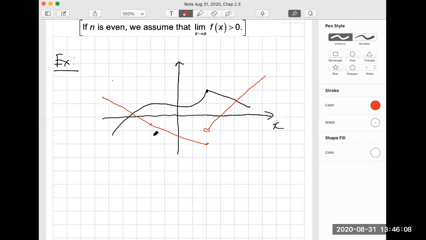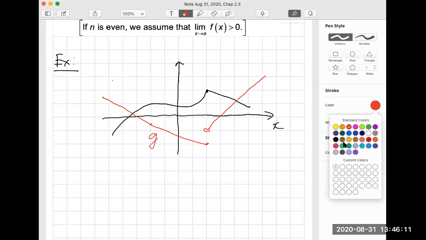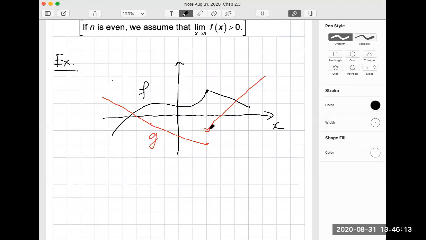We call the red function the g function, and the black function the f function. Right here at this point is -2, -1, and this value is -1/2, and here this is -1, and here is -2, and here this is 2, here is 1. Okay, we are given f and g like this.